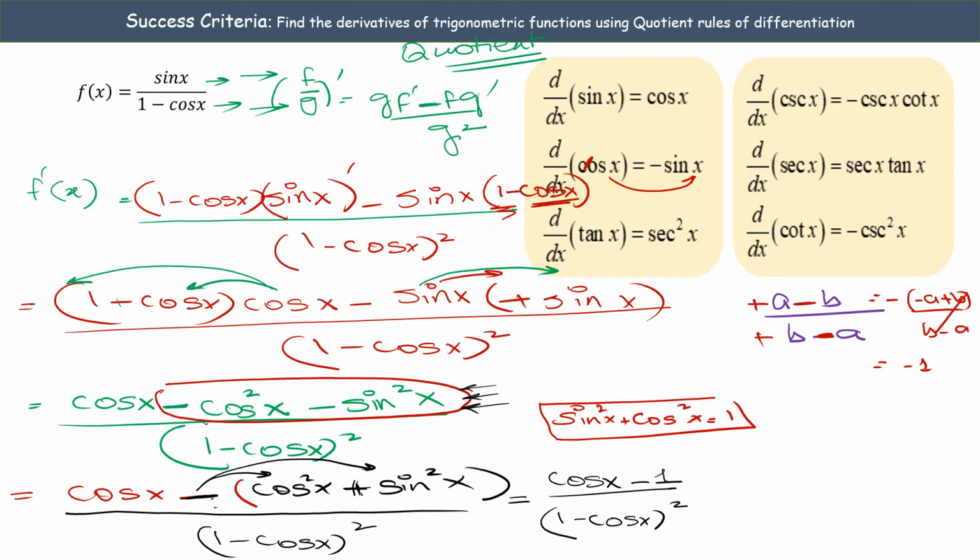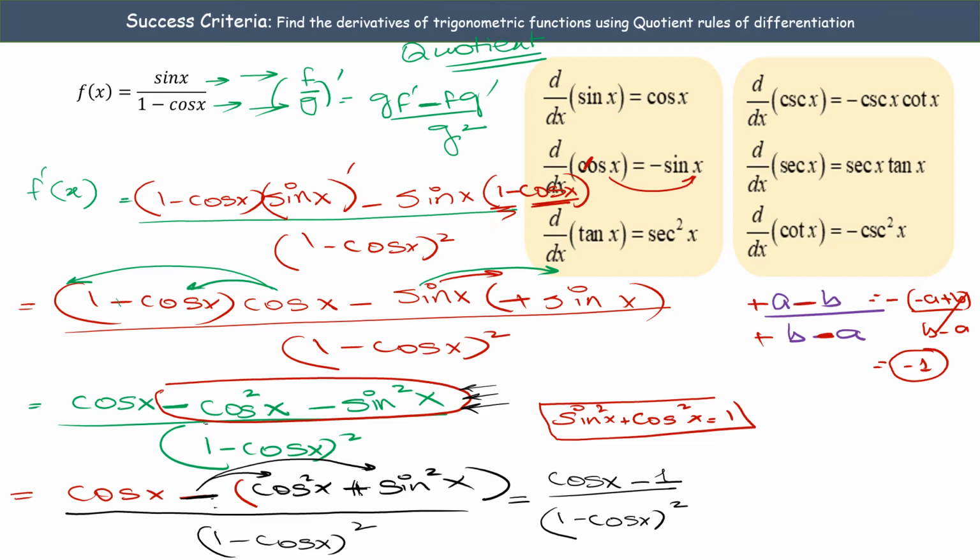But since right now we are studying calculus, if the concept is clear, when we cancel in this way, just do not show the step, write negative 1 directly. So here cos x minus 1 on the top and you can see 1 minus cos x, exactly the same terms but opposite signs.